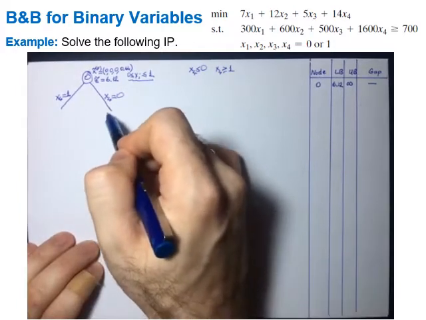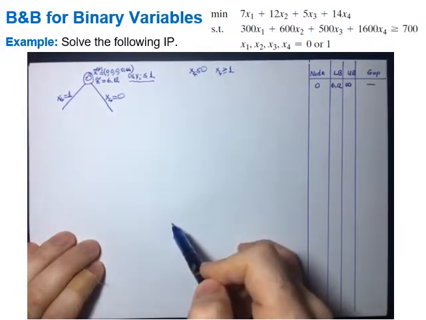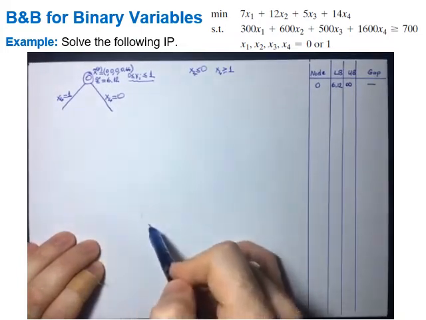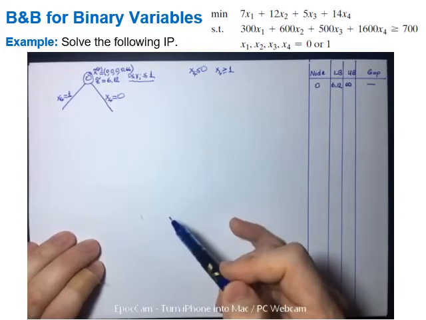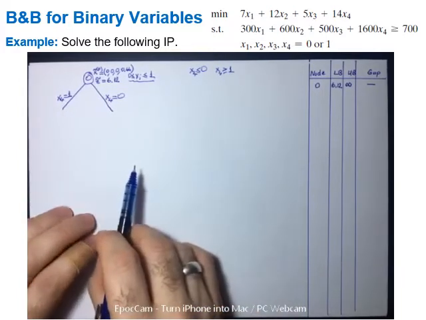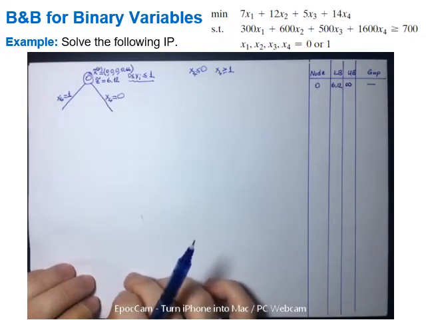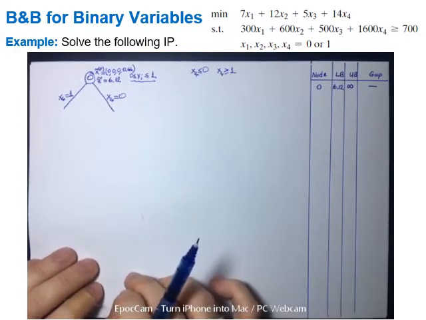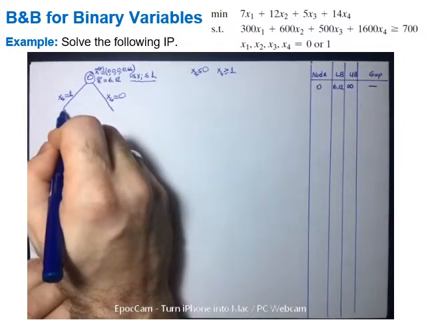And in all children coming from this parent, the value of x4 will be equal to 0. It will never be changed again. In order to represent whether a variable is fixed or free, we use this notation. So let me write this.